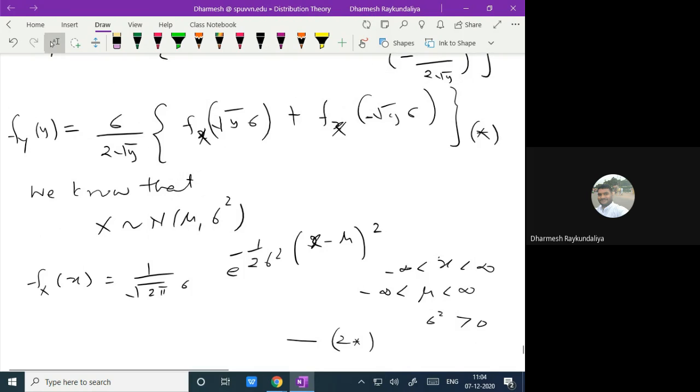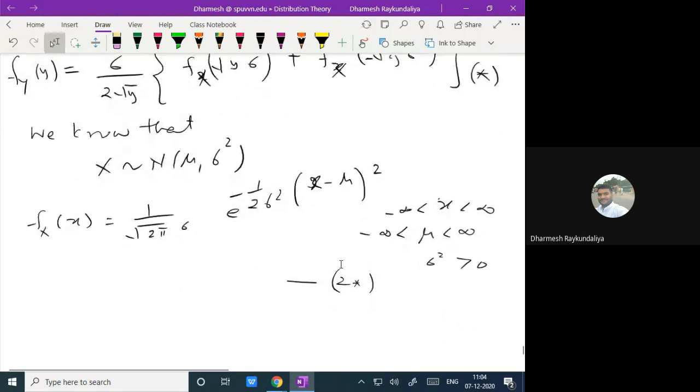Okay, so substitute 2 star into 1 star. That means wherever you have x, just substitute x by root y sigma.